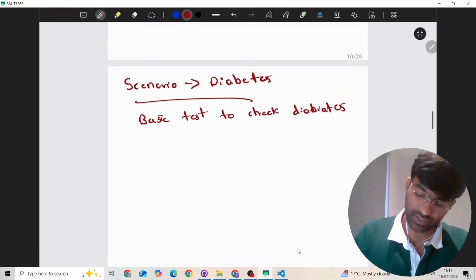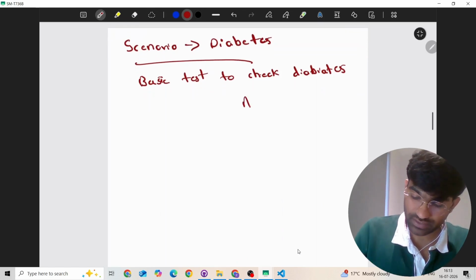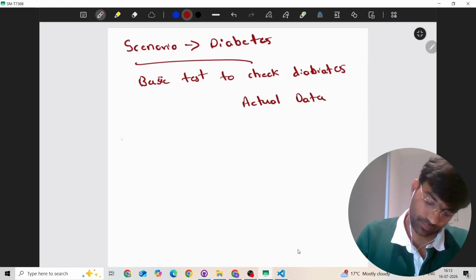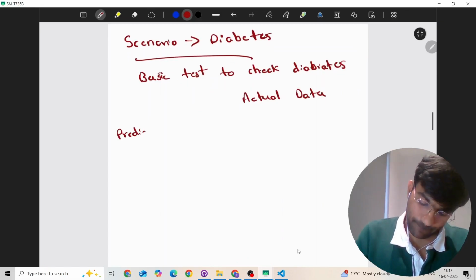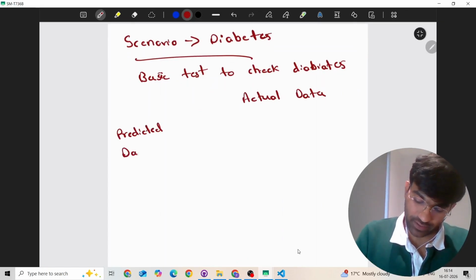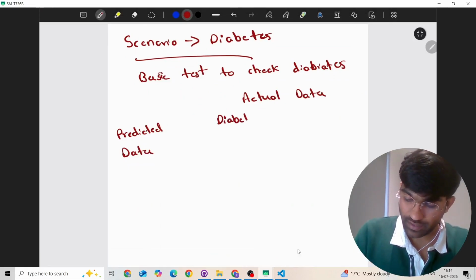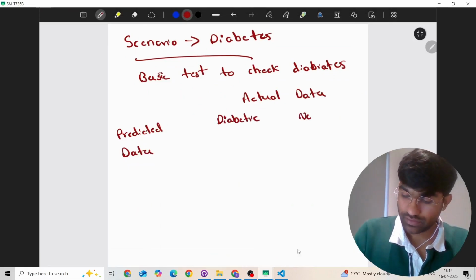Actual data: the patient is diabetic or non-diabetic.